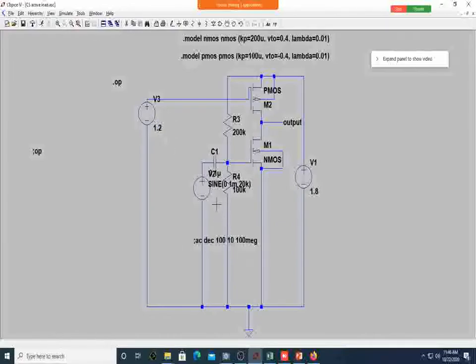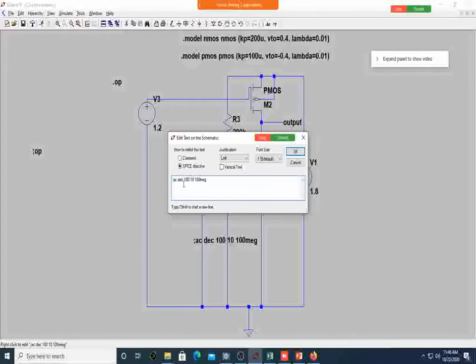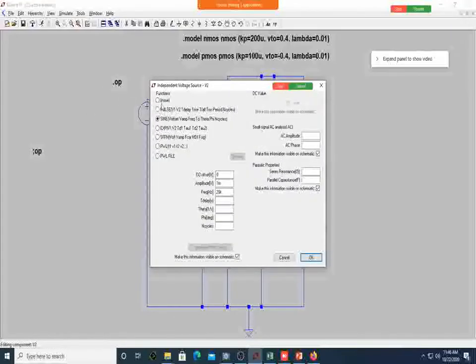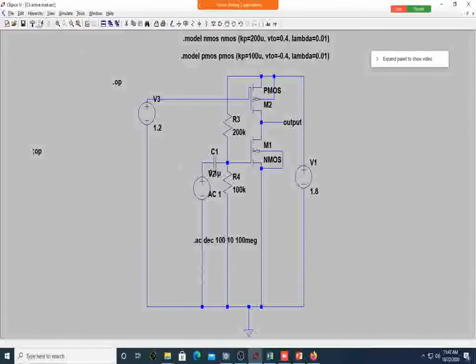Okay, what I'll do now is let me have this. And this is wrong. This is fine.